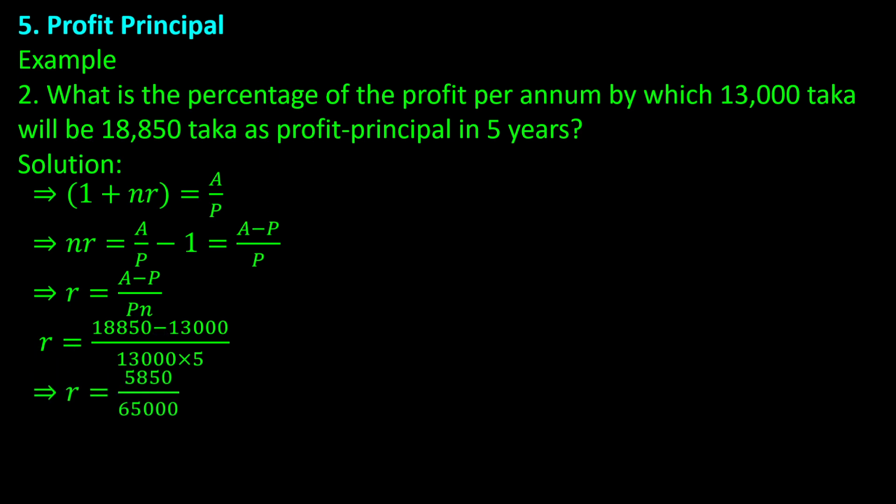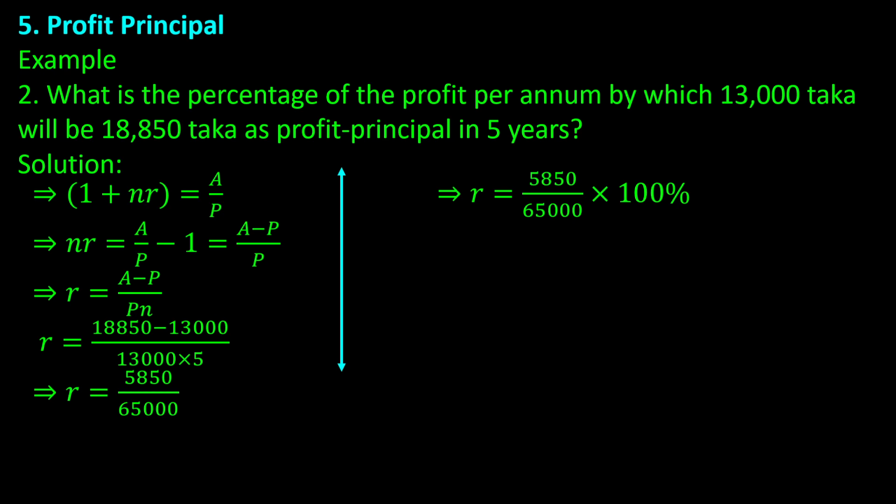That means in place of A I put 18,850, in place of P I put 13,000, and in place of N I put 5. And doing the calculation we get R equals 5,850, and the denominator is 65,000.